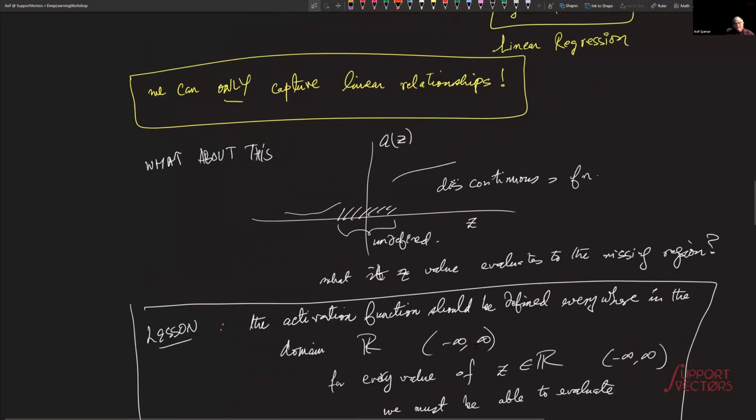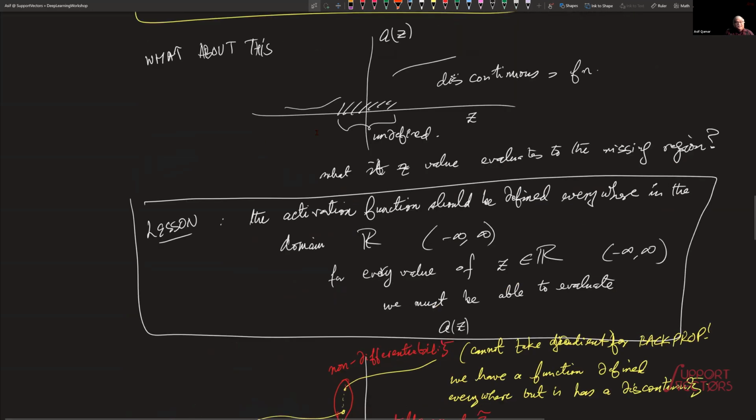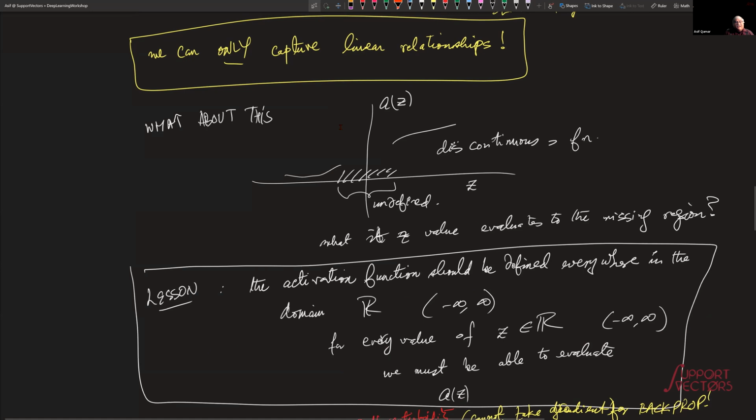What else do we need? Continuity and differentiability are important. You cannot have activation functions that have regions with no value, an undefined region. You cannot have a function that is undefined in some part of the real number line.